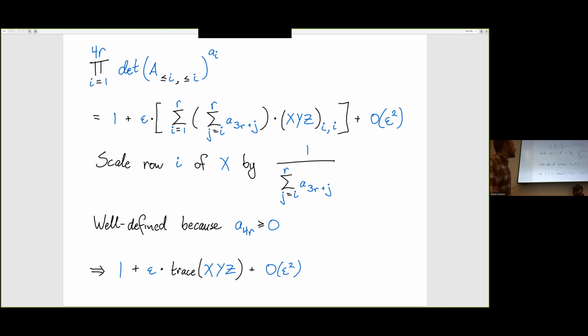The point is that if you computed this product of determinants with S multiplications, you take that, you subtract 1, you divide by epsilon, which is a constant. We don't pay for that. So you can compute the trace in the same number of multiplications.